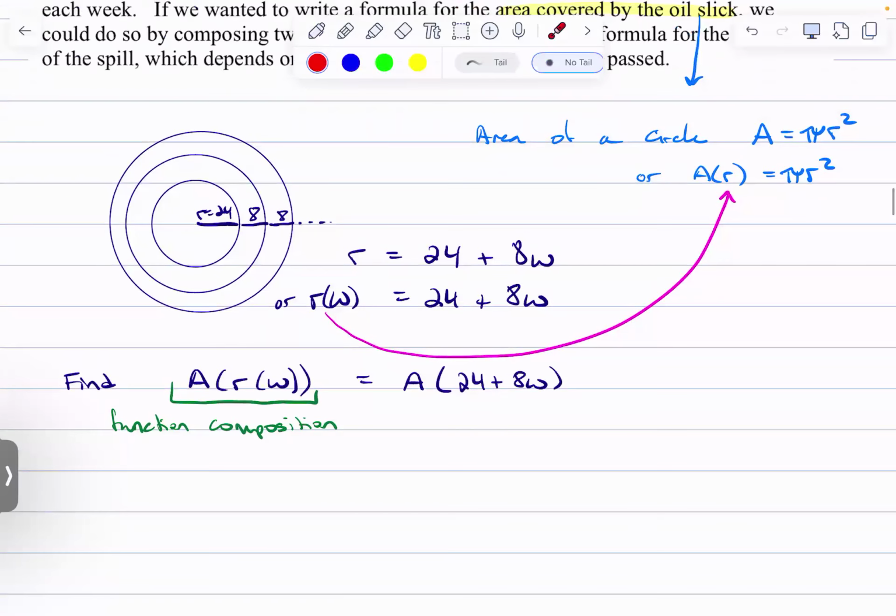Which tells me that in A of R, wherever I see an R, I replace it with 24 plus 8W. Many of you might just feel comfortable going straight to that point, but technically what you're doing is putting R into A and then expanding.